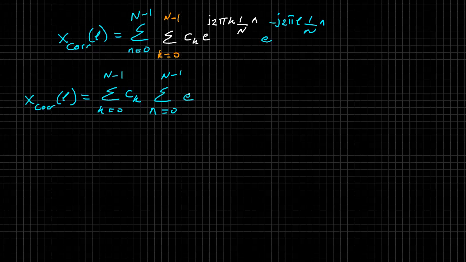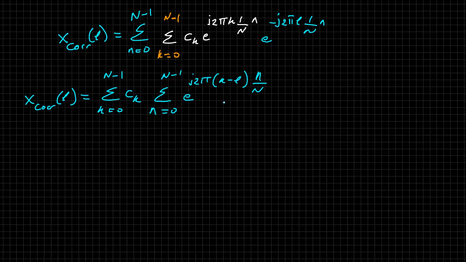And now we can also simplify the exponentials, because the exponents will simply add. So we have e to the power of j2 pi, and in brackets we will have k minus L. And 1 over capital N times N is going to be common as well.